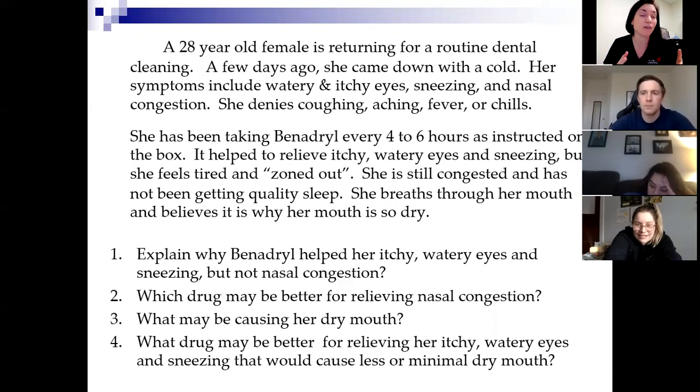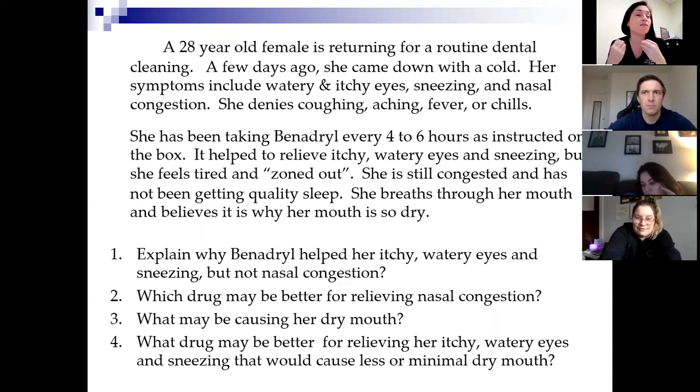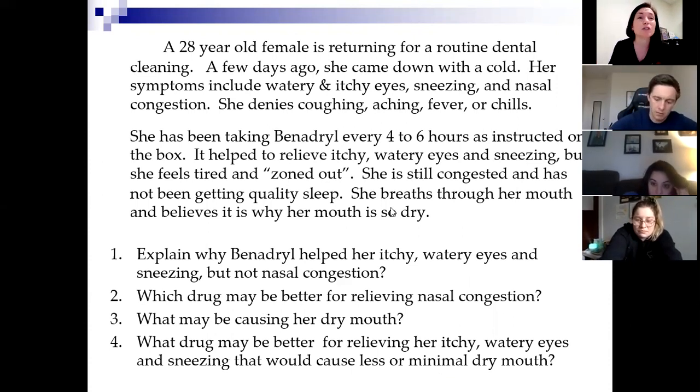But if it's a viral thing, it's not really going to have an effect on it. It's the histamines that are causing your inflammation if it's an allergic thing. But if it's the virus that's causing the inflammation, then you're not going to get as much of a response, or any, with Benadryl. So good. So which drug might be better for relieving her nasal congestion, since Benadryl is not really giving her any relief there?